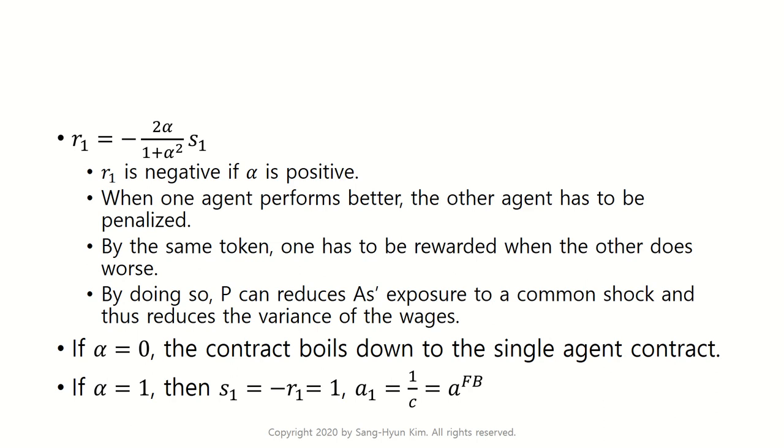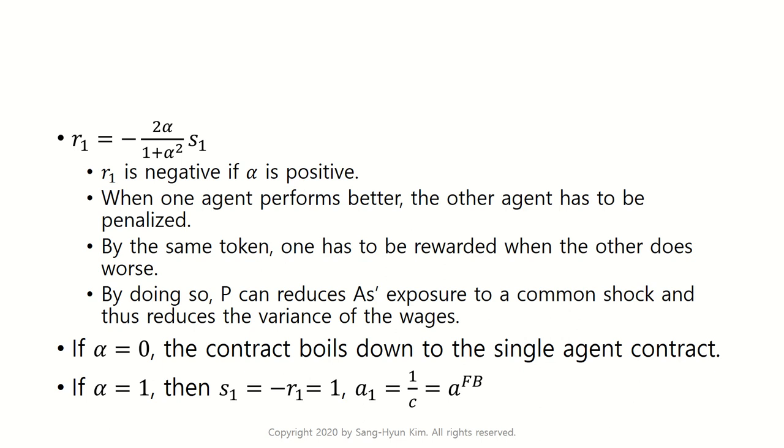So R1 looks like this: R1 equals minus 2 alpha over 1 plus alpha squared times S1. And S1 is positive, right? So what this means is R1 is negative if alpha is positive.